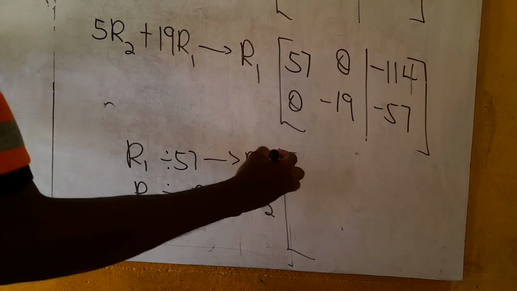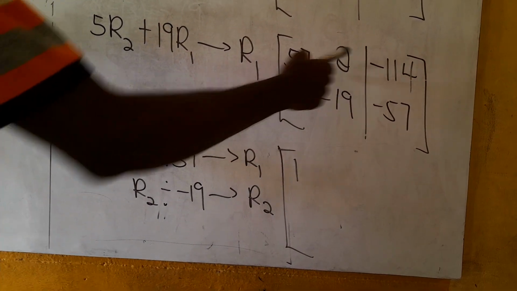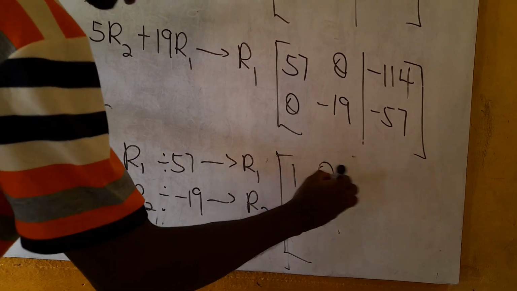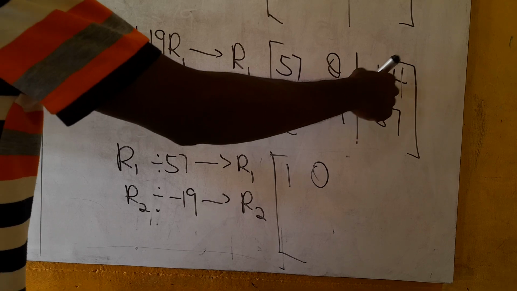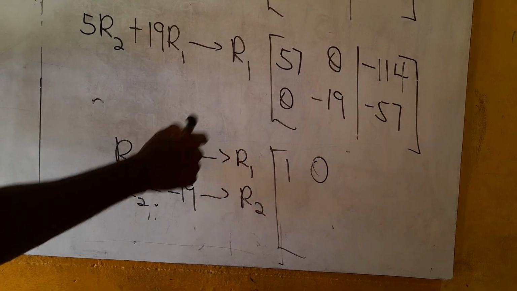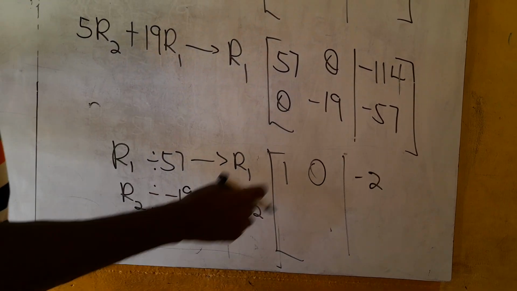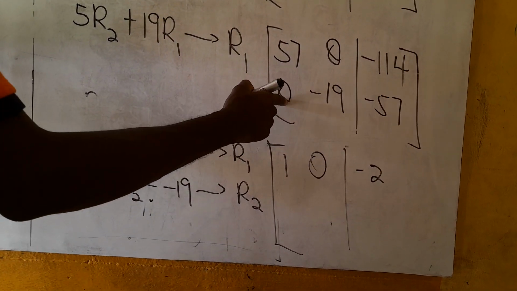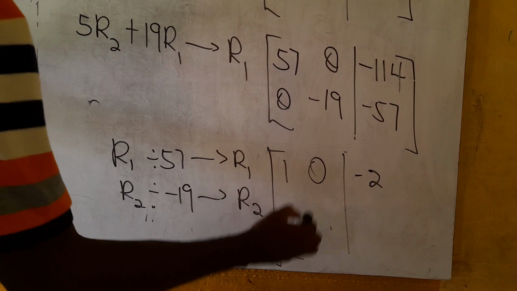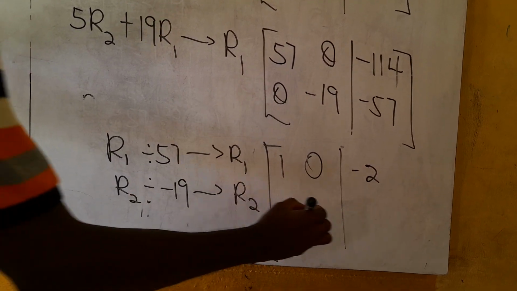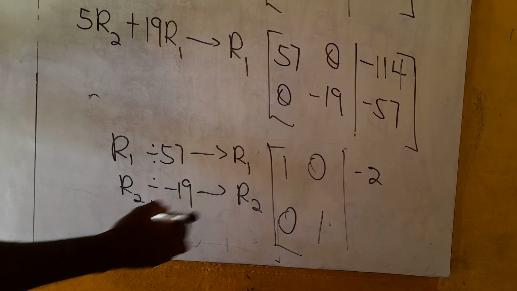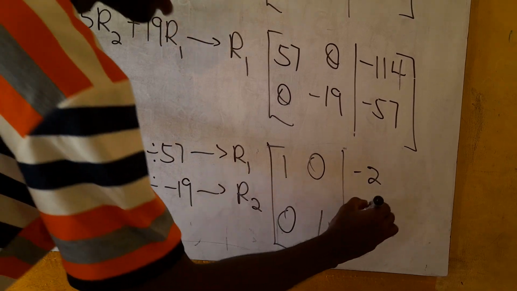So we divide all the columns here by 57 and all the columns here by negative 19. So 57 divided by 57 will be 1. 0 divided by 57 will be 0. Negative 114 divided by 57 will be negative 2. Then 0 divided by negative 19 will be 0. Negative 19 divided by negative 19 will be 1. Negative 57 divided by negative 19 will be 3.